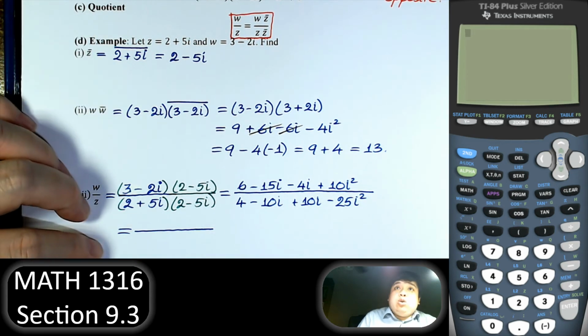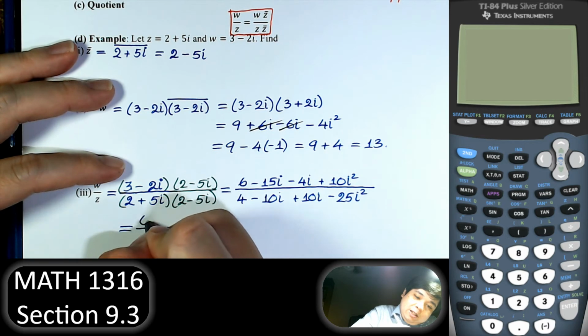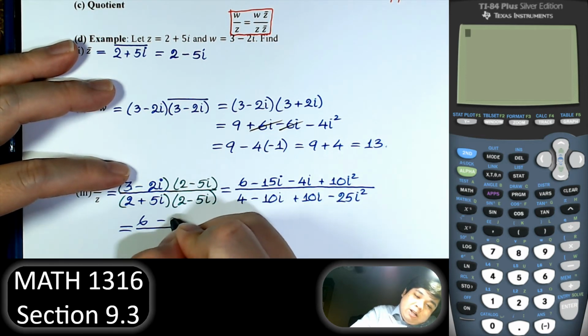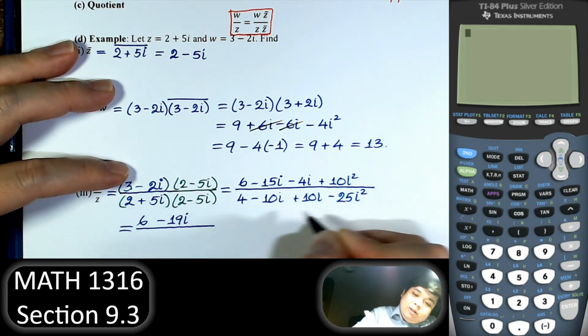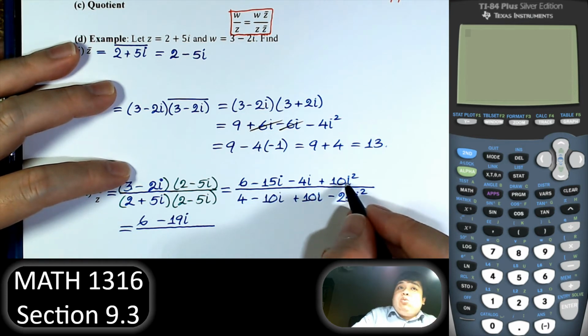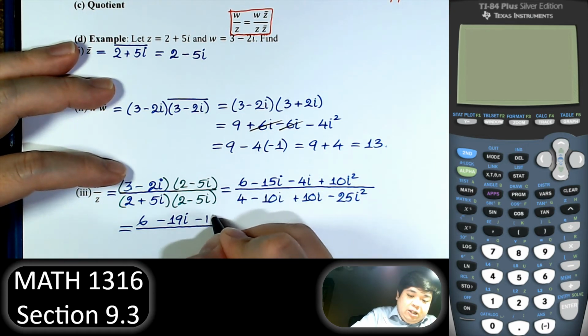Right. So i squared is negative 1, right? So that gives minus 19i. And i squared is negative 1, so that is minus 10.